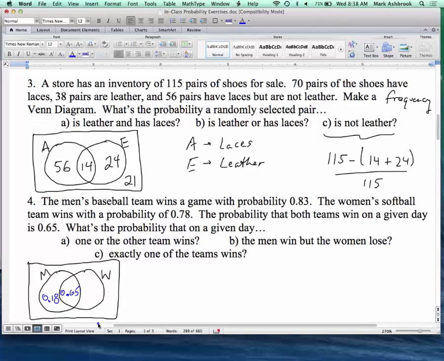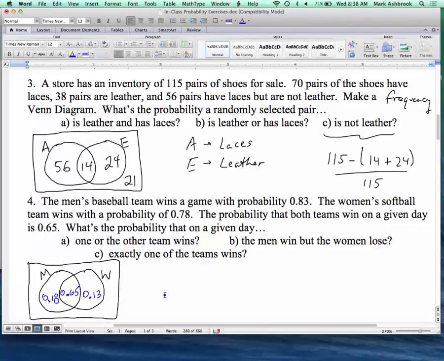Does it make sense? And then the probability of 0.78 is the total probability that the women win. So the total in the women's circle has to be the 0.78. Therefore, the probability that just the women win is that 0.13. So those two total up to 0.78, and those two total up to 0.83.